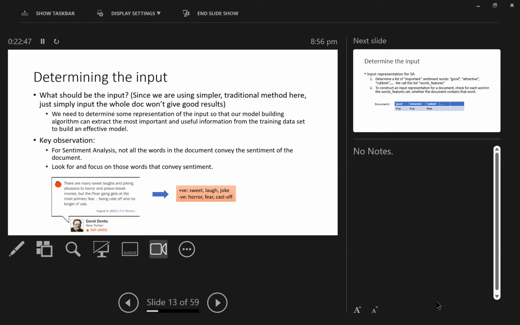Now, if we look at a document, it comprises many different words. In order to decide whether this document, which is a critique of some movie, is positive or negative, what we need is not to look at all the words in this document, because many of them may not convey important information about whether it is positive or negative.